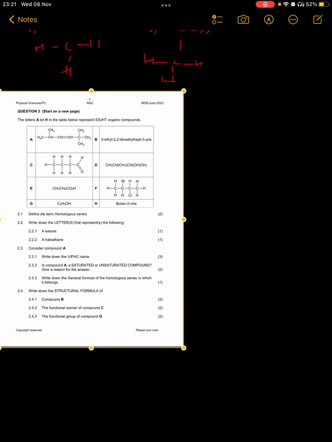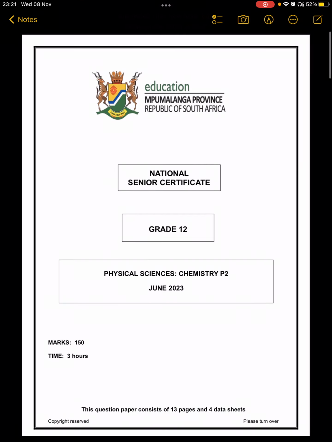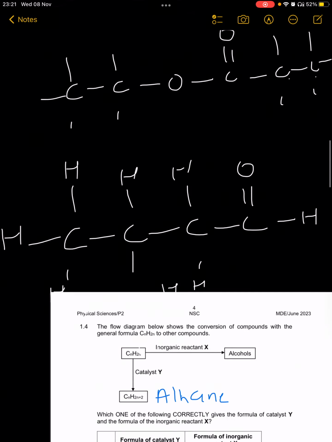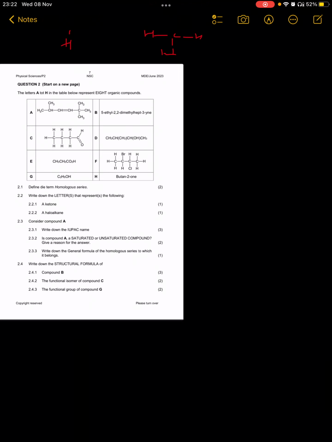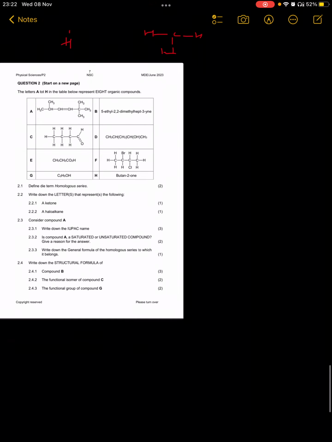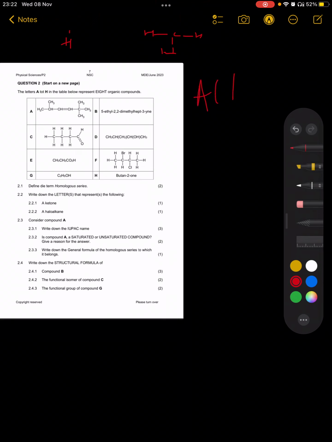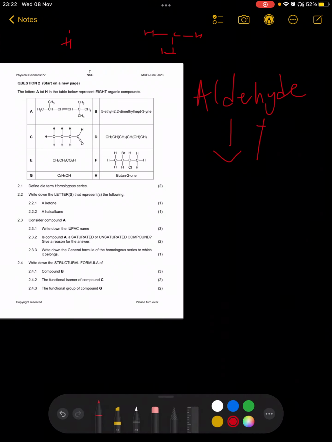Now compound C is an aldehyde, and its functional isomer, let's call it Fi, is a ketone. So this is butanal.